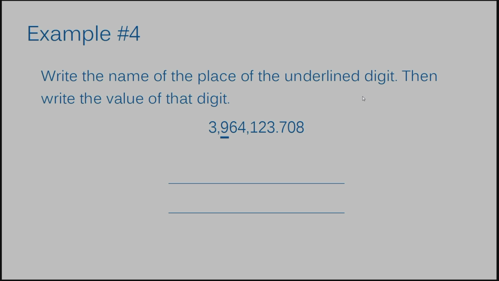Example number 4. Write the name of the place of the underlined digit. The name of the place of the underlined digit, let's see, this is the hundred thousands place. Let's write that.